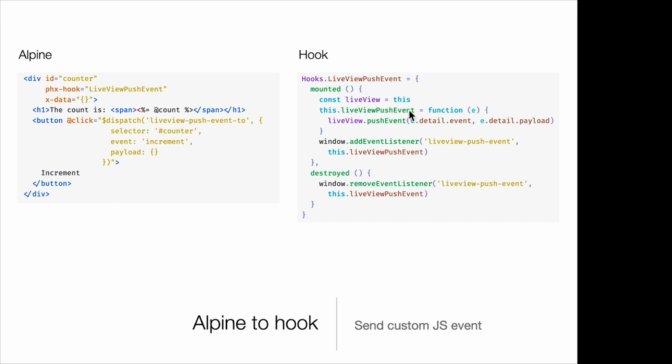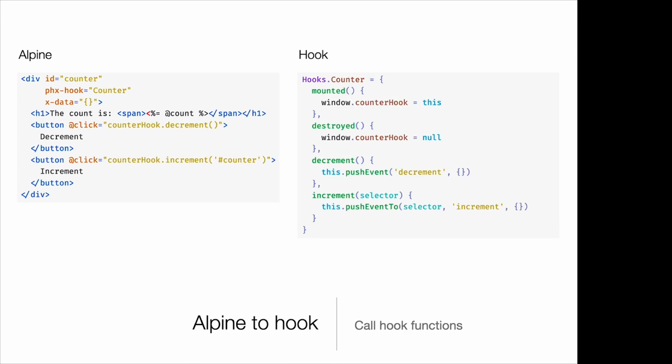And then when we capture the event, we can pull out any data from that event. Here we are calling hook functions directly, which is easier than sending events because you don't have to set up event handlers. To do that, in our hook, we need to register our hook with window. Once we do that, it'll be available globally from our Alpine code.